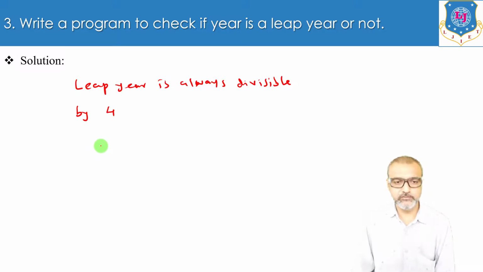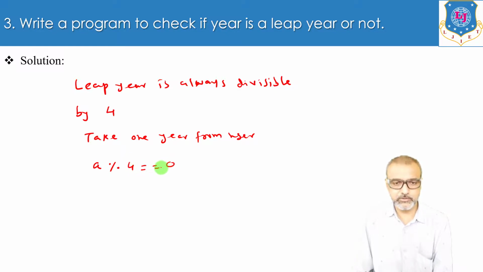So what we will do, we will take one year from the user, then store that particular year in one variable, say A. Now apply A modulo division 4, and if we find that it equals 0, then the entered year is a leap year, and otherwise that year is not a leap year.